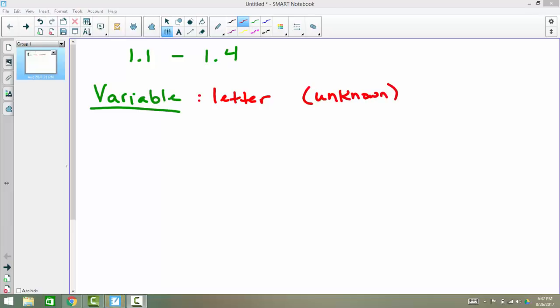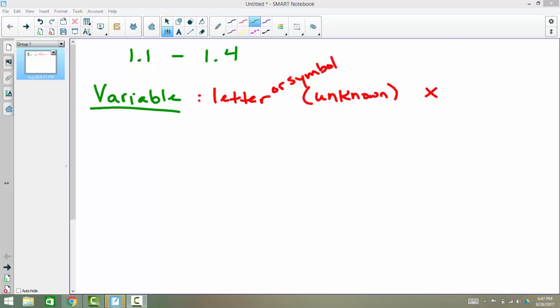And a lot of times people say, why are there letters in algebra? And we just use this letter, this variable, to represent the unknown. You don't have to have a letter. It could be a symbol. But you're probably familiar with X as a variable.